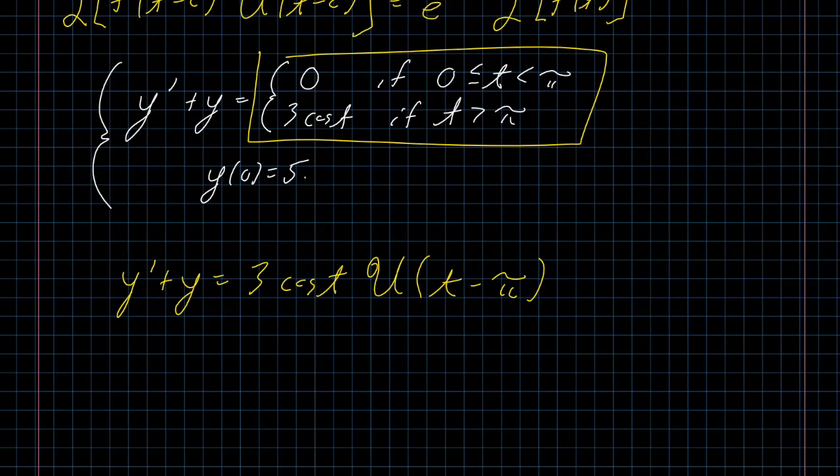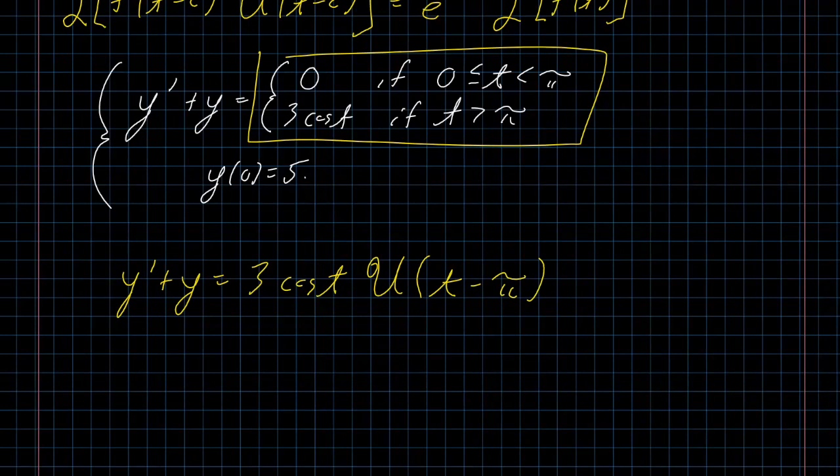So we want this to be 3 times the cosine of t times the Heaviside function of t minus pi. That will give us the Heaviside function is 1 whenever t is bigger than pi, and 1 times anything is that thing. Whenever t is less than pi, this will give us 0. That's exactly what the piecewise-defined function does.